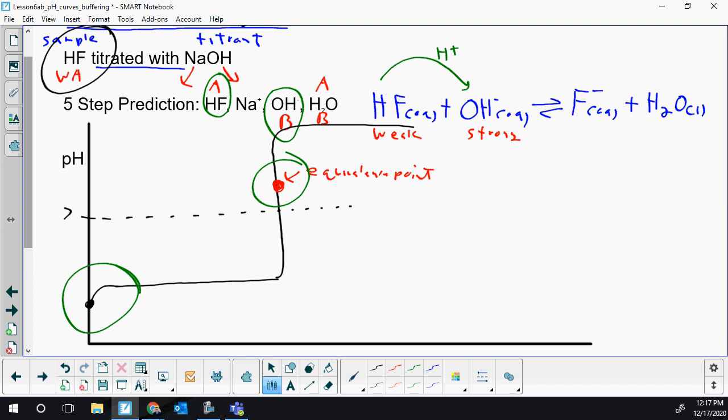Now, this is one of the possible sequences. Next, I'm going to switch it around. What if we started with a different pattern? What if we started with the base first and we added an acid to it? That's going to flip everything. Let's see what it looks like when everything gets flipped.